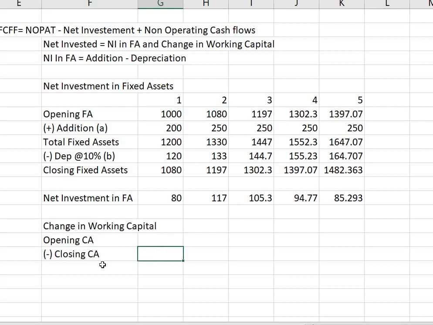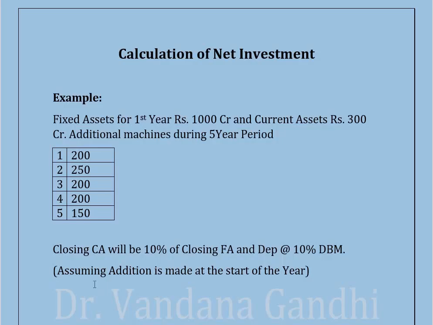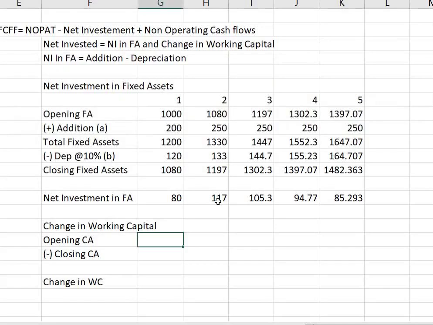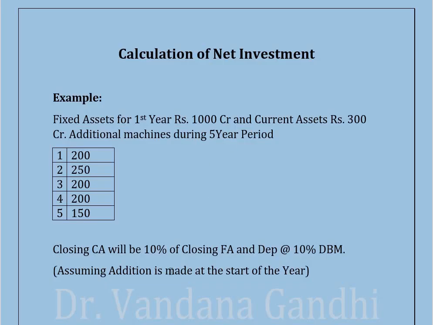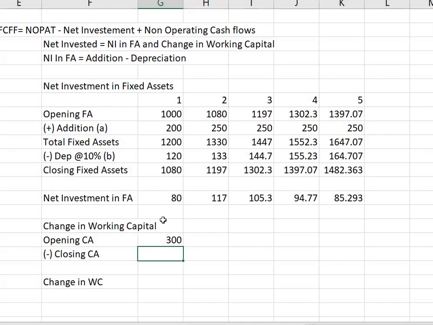We see whether there is a reduction or an increase in the working capital, right? So let us see. My opening current assets, as per the example, is 300 crore. And for closing current assets, the information given here is it is 10% of closing fixed assets. My closing fixed assets for the first year is this 1080.